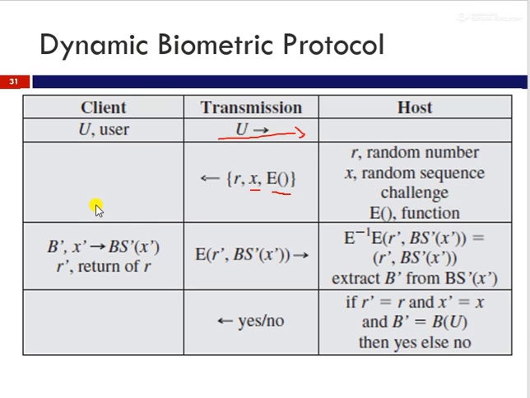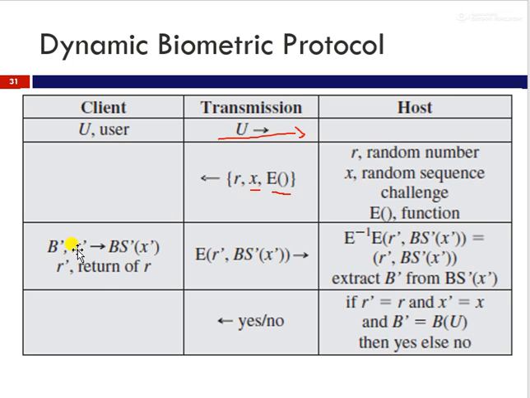When the client receives this information, the human user at the client end must then either vocalize that string X if we are using speaker verification, or type this random string X in case of keyboard dynamic verification, or write this sequence X if we are doing handwriting verification.